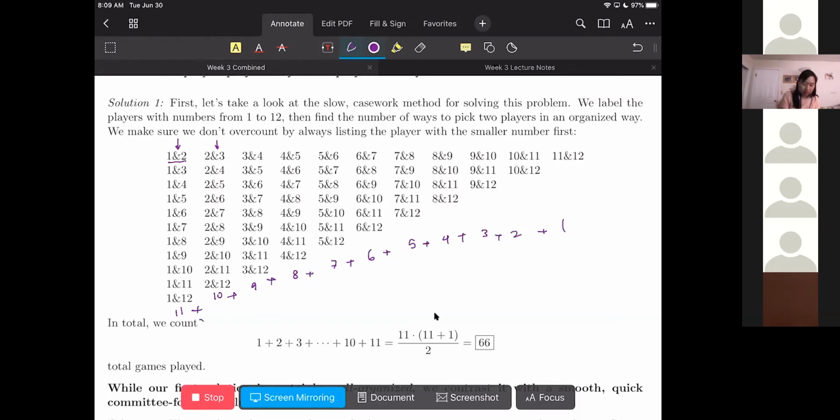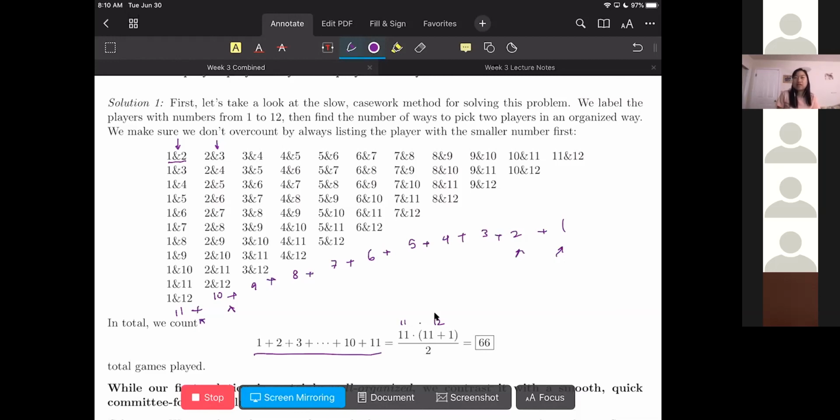For example, we can pair 11 with 1, 2 with 10, and that gives us 12, right? And then how many pairs are there? There's the total number of numbers divided by 2. So in this case, the sum equals 12 times 11 divided by 2, which equals 66.